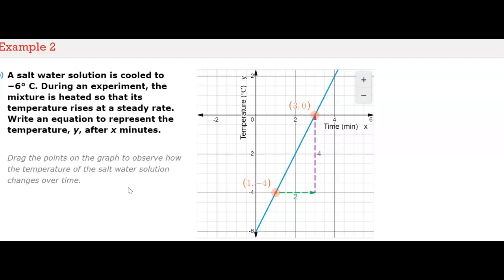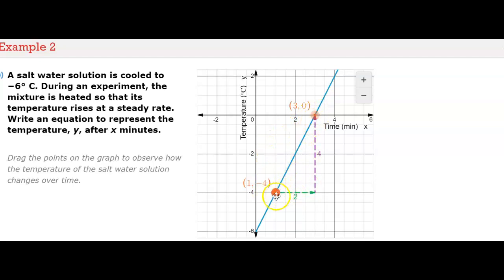So our y-intercept, let's start with that. Our y-intercept here would be -6, because that's where it crosses through the y-axis. And then let's take a look, rise and run.